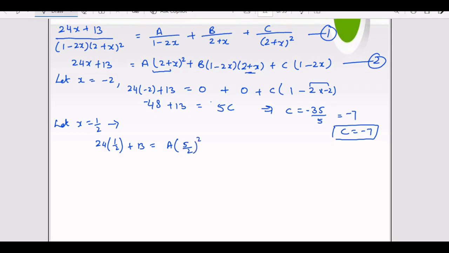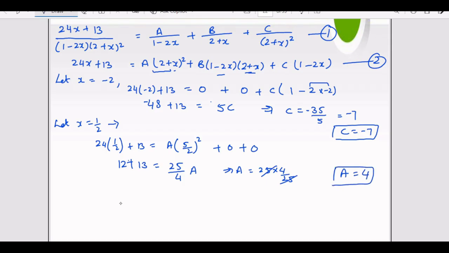When you substitute x as 1 over 2, 2 plus 1 over 2 is going to be 5 over 2, and then here half, this is going to become 0, so both of them are going to become 0. So I have here 12 plus 13 equals 25 over 4a. So then a is 25 times 4 over 25, so a is 4, right? So we got the value of a.